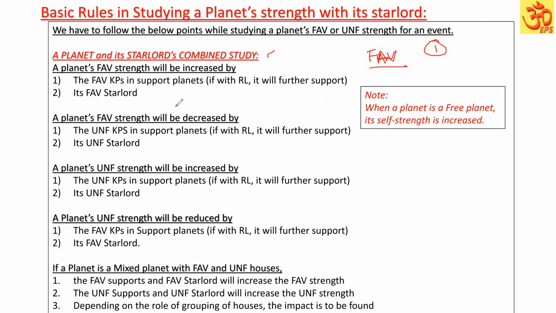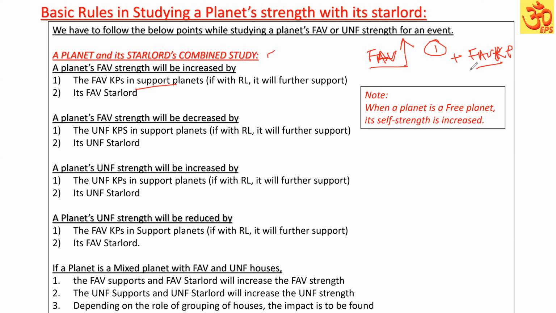One is by the support planets: if the planet has favorable key planets in its supports, they will increase its strength.